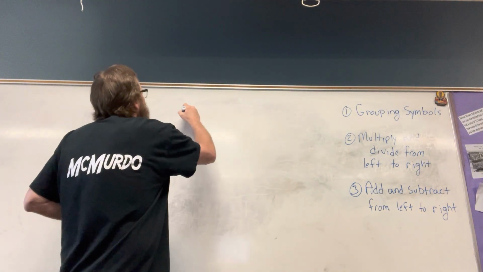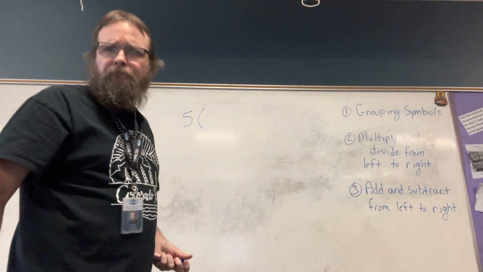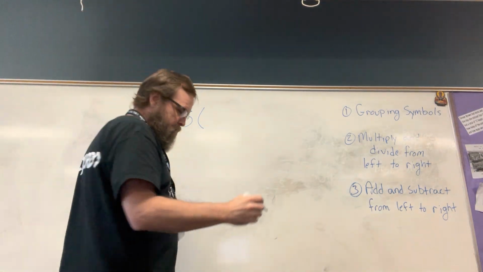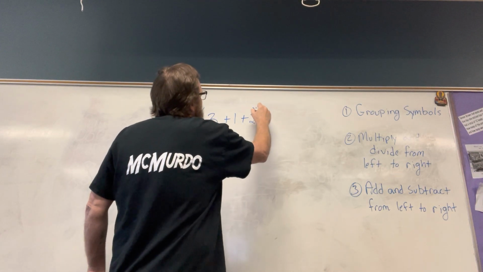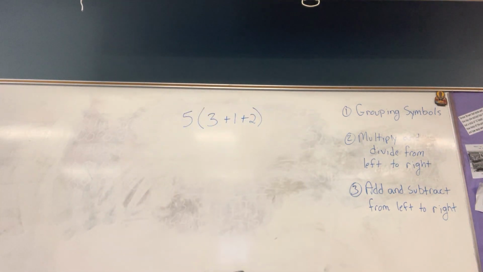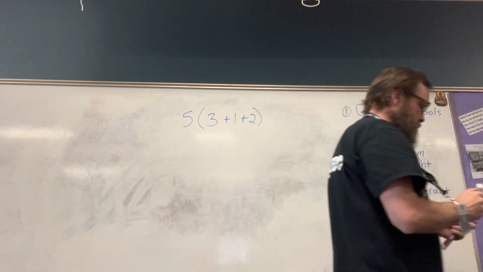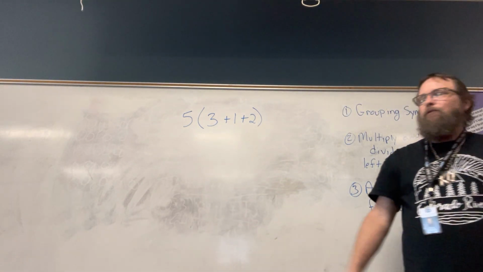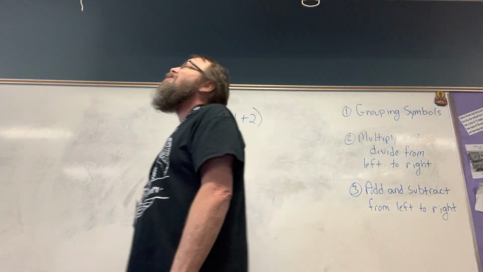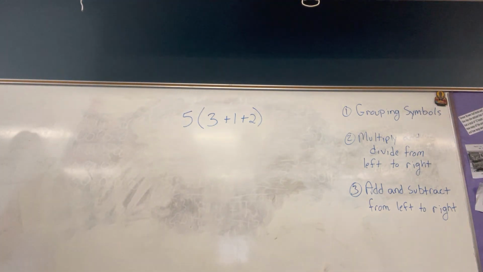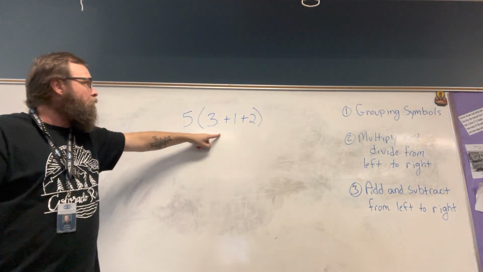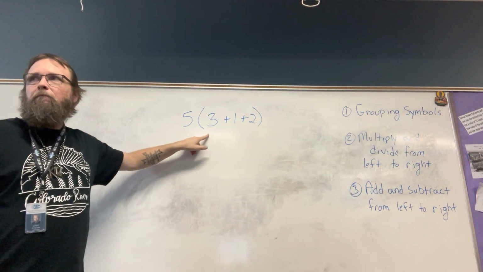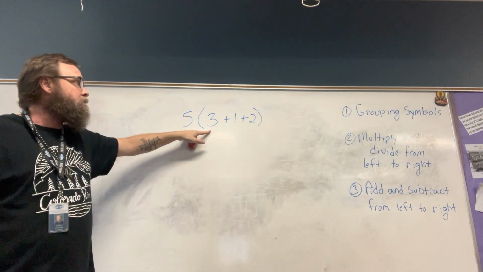All right, so we have 5, parentheses, 3 plus 1 plus 2, and close parentheses. Again, a very easy problem. Most of these problems you're going to get when you have multiple operations like that are not difficult. I look inside my grouping symbols, which are parentheses.